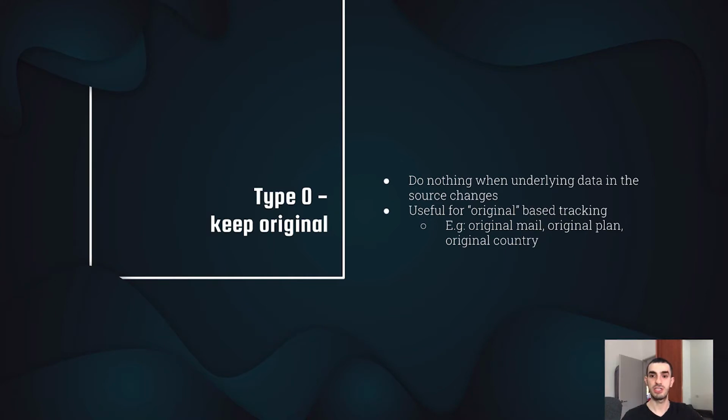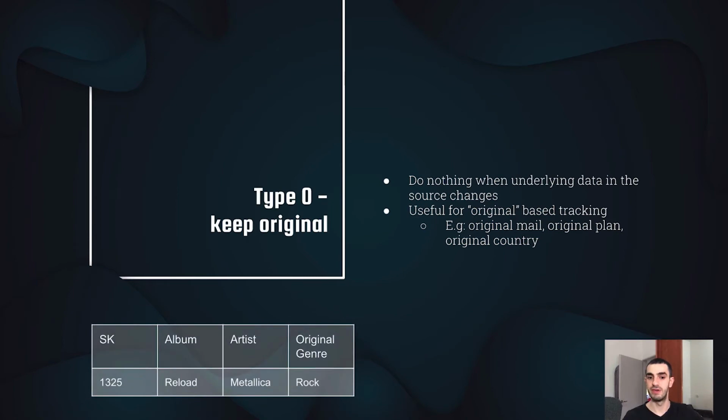In this case, we just do nothing when the underlying data is changing. Let's say we have a dimension and the operational database changed some value on this dimension. We don't change it in the data warehouse, we just keep the original. So how does it look? Let's say we have a table of music albums where we track the album, the artist of the album, and the genre.